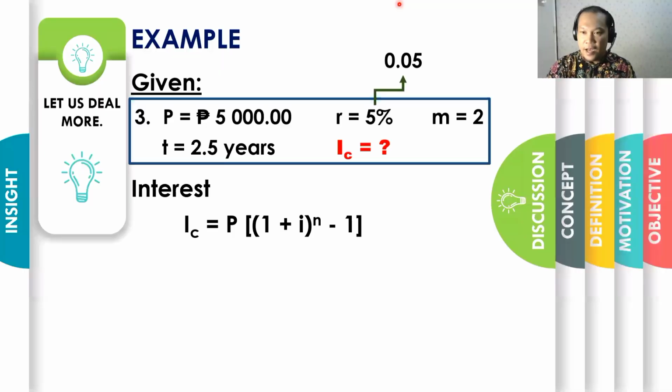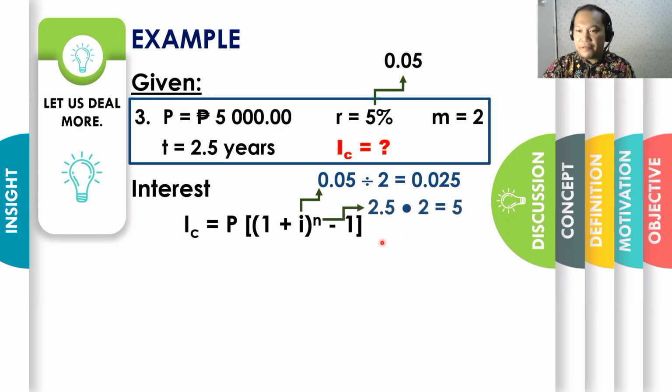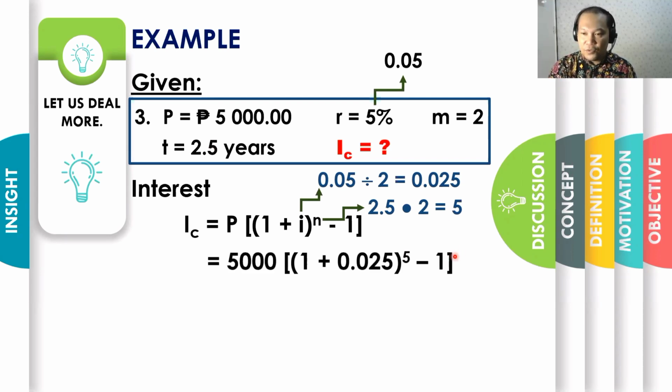I is 0.05 divided by 2, which is equivalent to 0.025. Then for our n, we have 2.5 years times 2, which is 5. Then substitution.